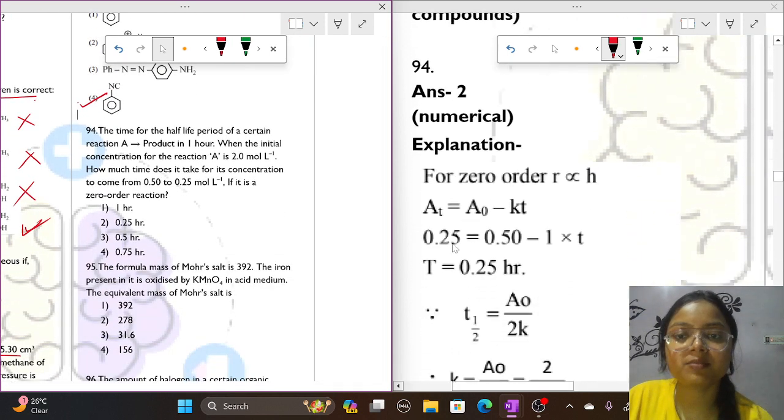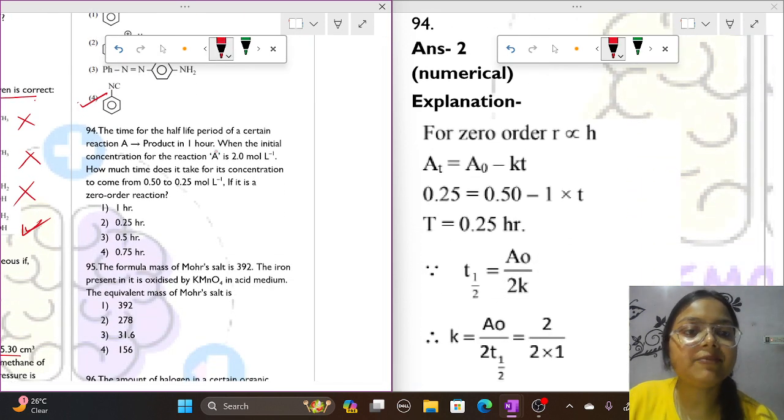Next is question number 94. The half-life period of a certain reaction A tends to product is 1 hour when the initial concentration of A is given as 2.0 mole per liter. How much time does it take for the reaction to go from 0.50 to 0.25 mole if it is a zero order reaction?